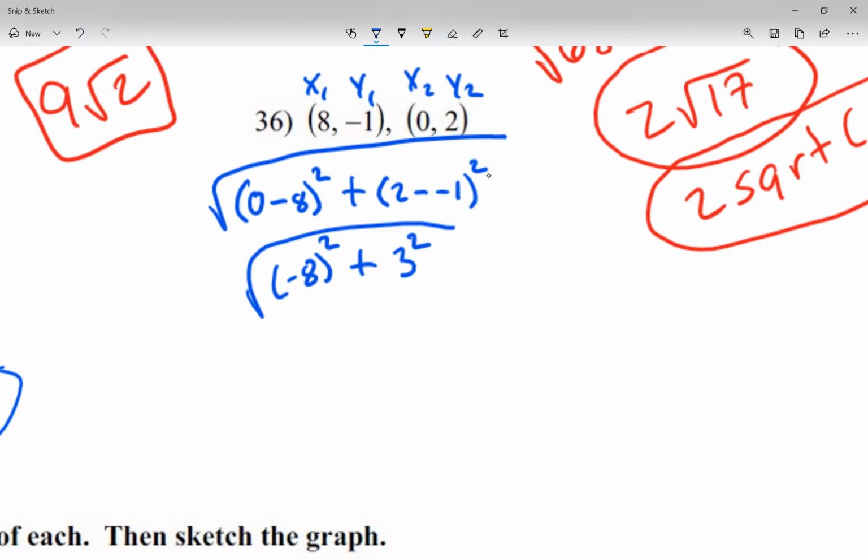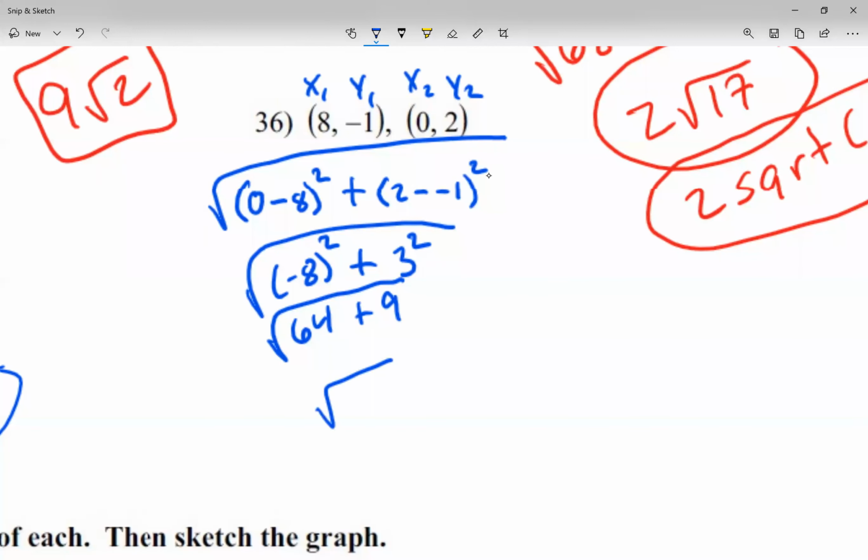And I know this is inside a square root. I know negative 8 squared is positive 64. 3 squared is 9. So 64 plus 9, I know it's 73. So this is the square root of 73.